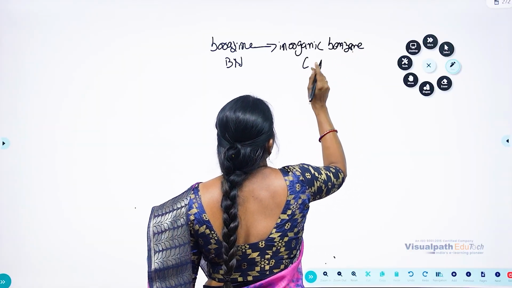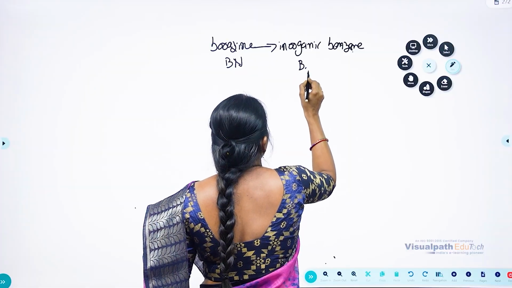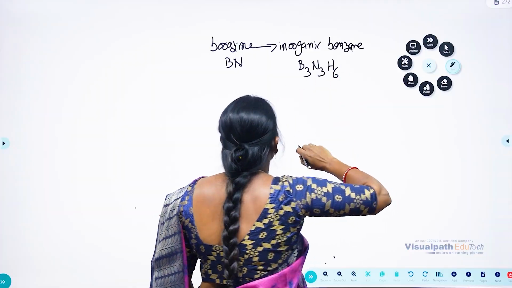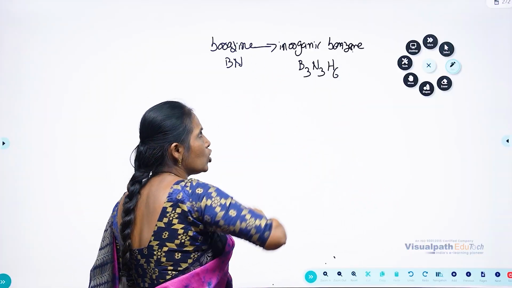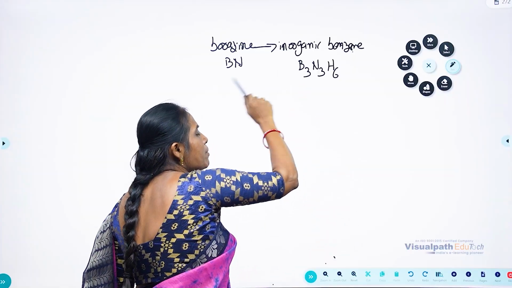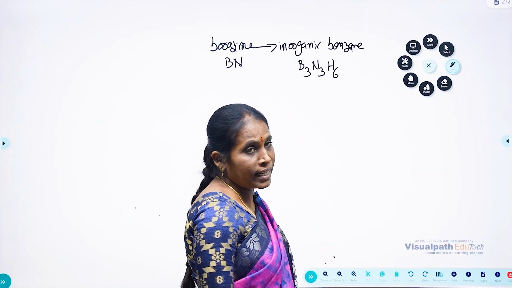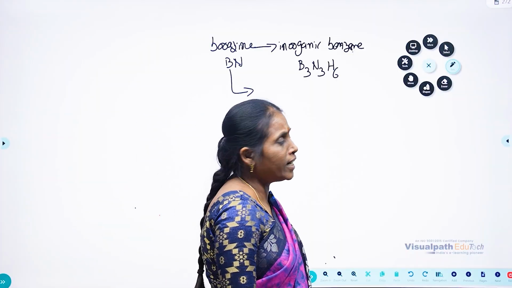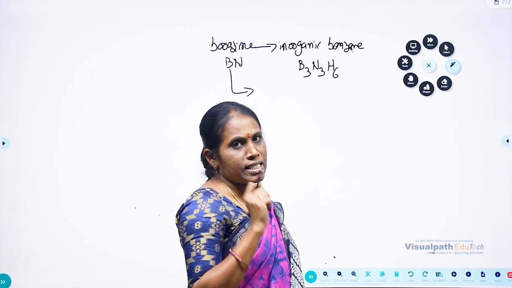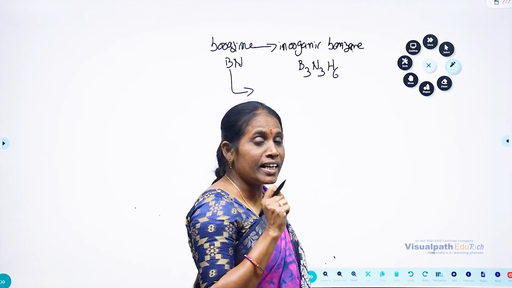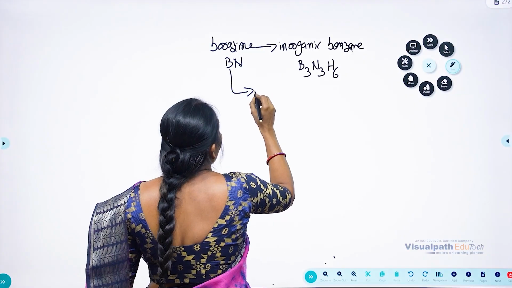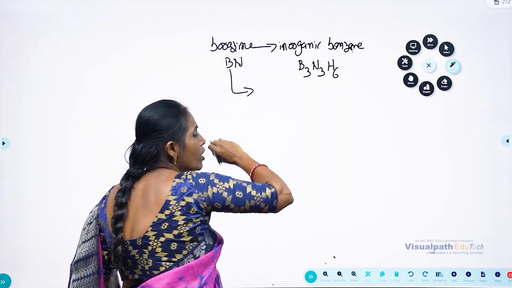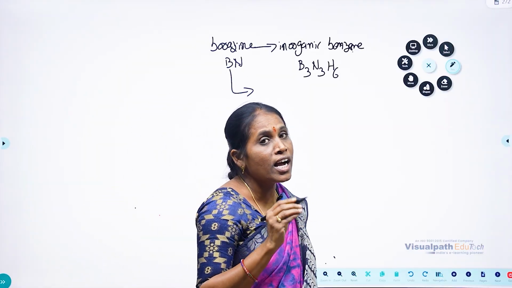Its molecular formula is B3N3H6. Boron nitride is a solid and rigid structure, so it is also known as inorganic graphite. Borazine is known as inorganic benzene and boron nitride is known as inorganic graphite.